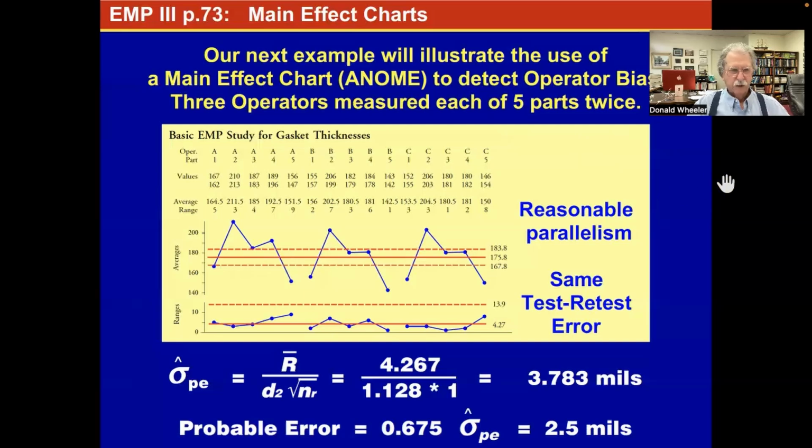We can estimate sigma PE, R bar over d2 times the square root of n sub r: 4.267 over 1.128 times 1, 3.8 mils. So our probable error is about 2.5 mils. We now know how close these measurements are. They're recorded to the nearest thousandth of an inch, and they're good to plus or minus 2.5 thousandths.